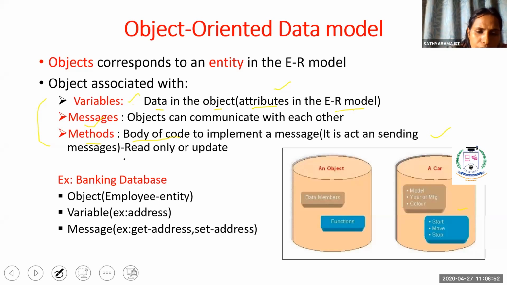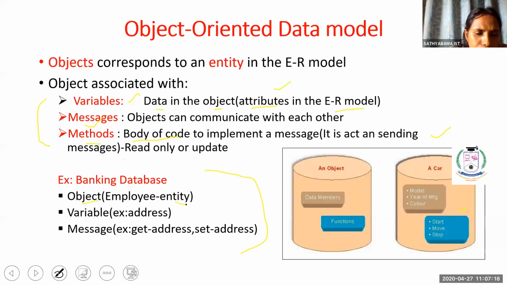Now, take up our ER diagram example, say in your banking database. In a banking database, as we said, what is an object? A lot of objects are there. We have employee, customer, bank teller, all represented as objects. As I already told, every object is nothing but an entity in your ER diagram.